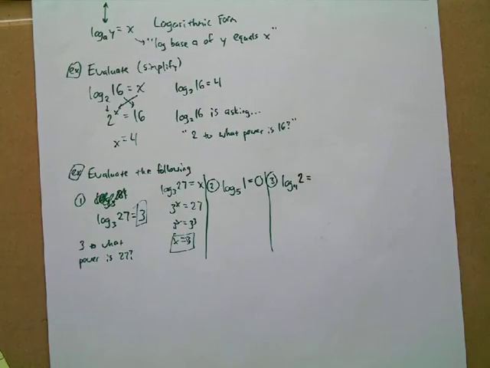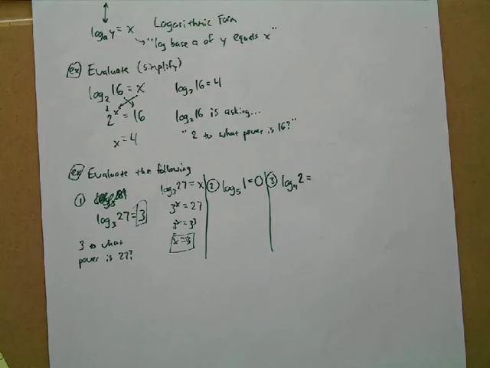Okay. How about log base 4 of 2? Four to what power gives us 2? Negative 1 would give us 1 over 4.